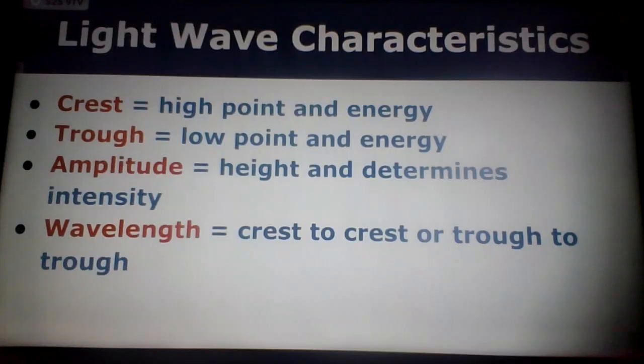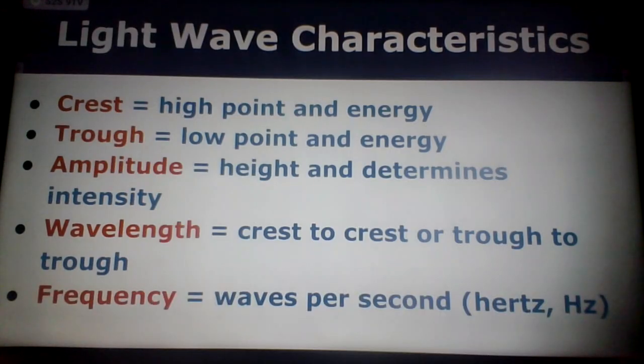So those are your wavelength, and remember lambda means wavelength, lowercase f means frequency, which is waves per second, just like we've had before. And we will measure the frequencies in hertz, Hz, just like we did before. But these frequencies and wavelengths you saw on the screen a little while ago, they can be very, very small scientific numbers to very, very large scientific numbers. But these are your characteristics and parts of a wave.